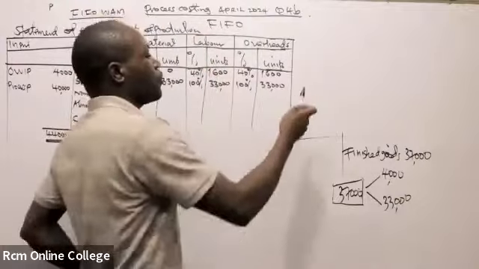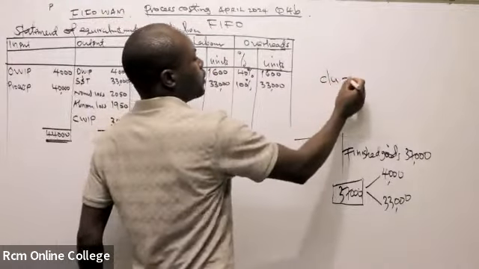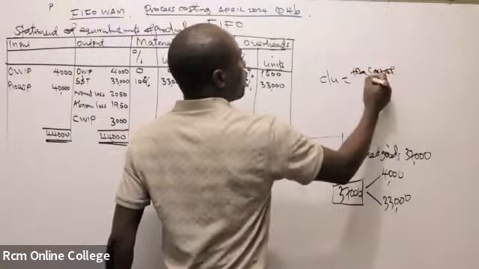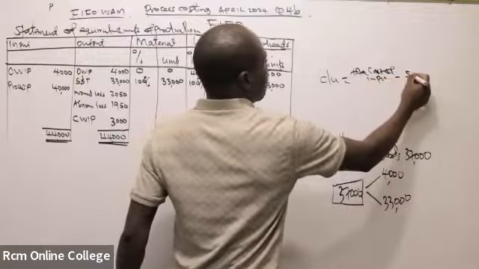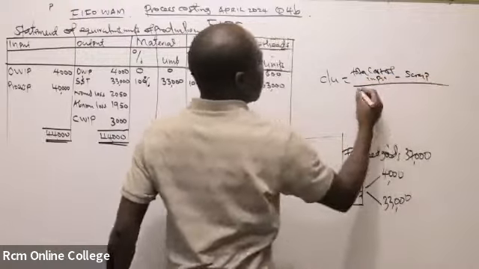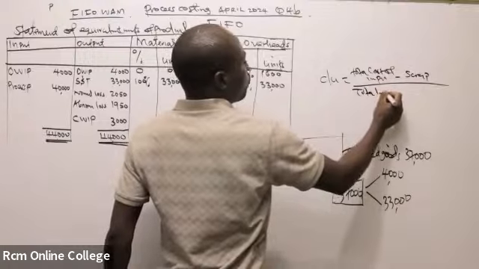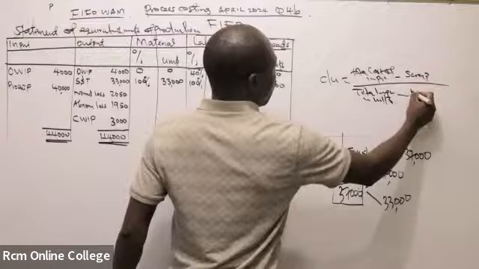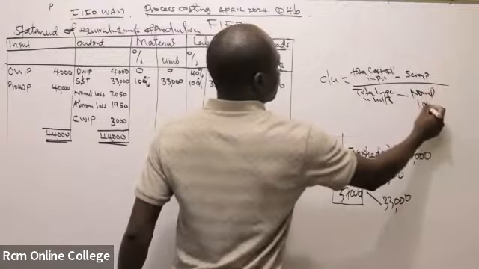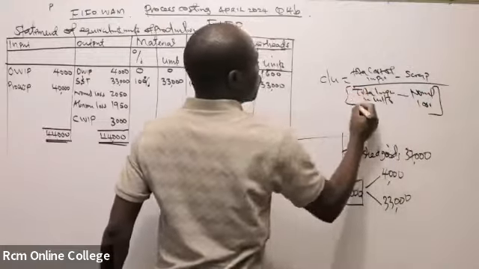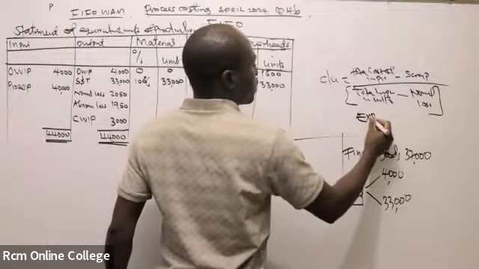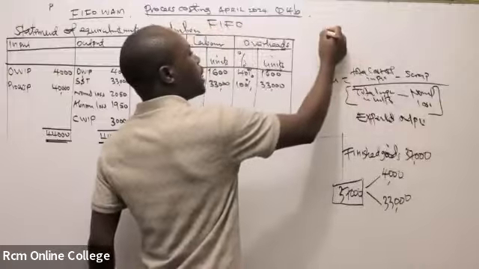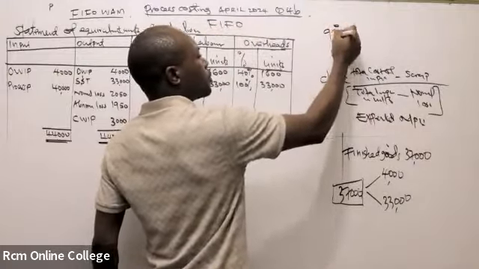Cost per unit, our cost per unit on Tuesday, we said is equal to total cost of input minus scrap value over total input in units minus normal loss. This one here is also called expected output. You can recall our 95% expected output. Why?